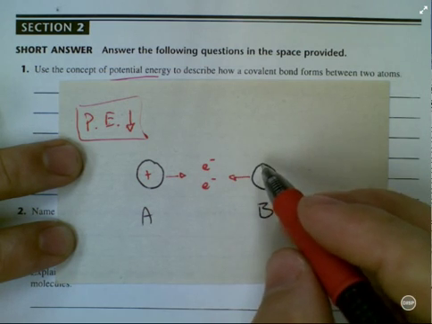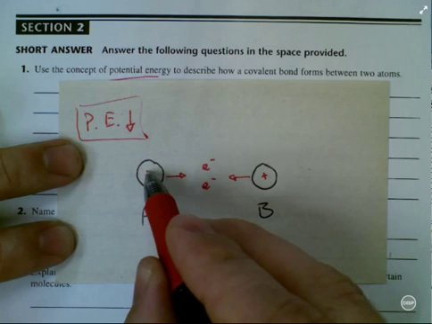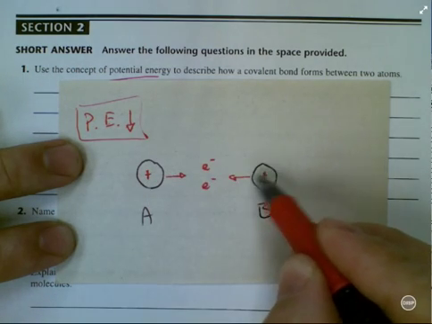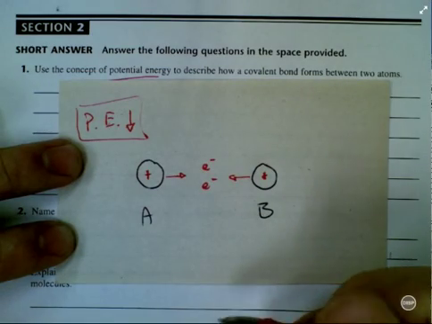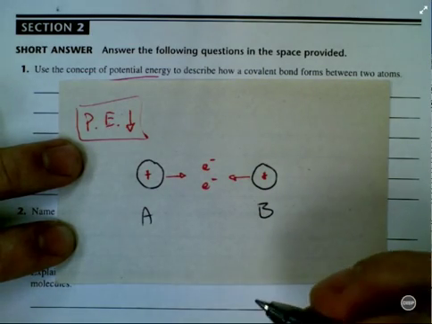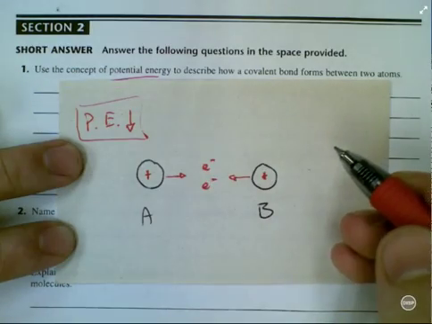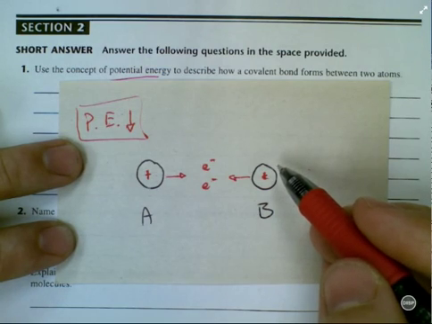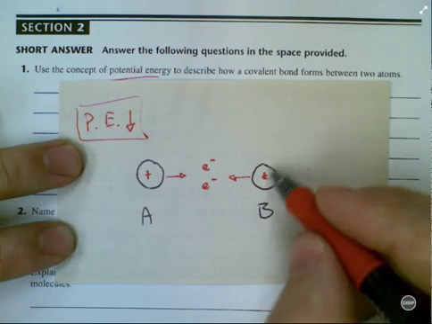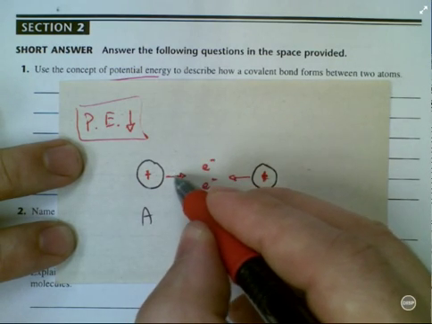Now, at some point, the attractive force that the positively charged nuclei and the negatively charged electrons feel for each other is going to be equal to the negative repulsion between the electrons and the positive repulsion between the nuclei.